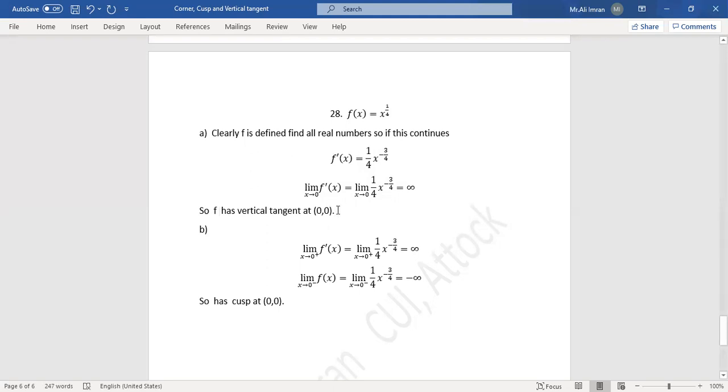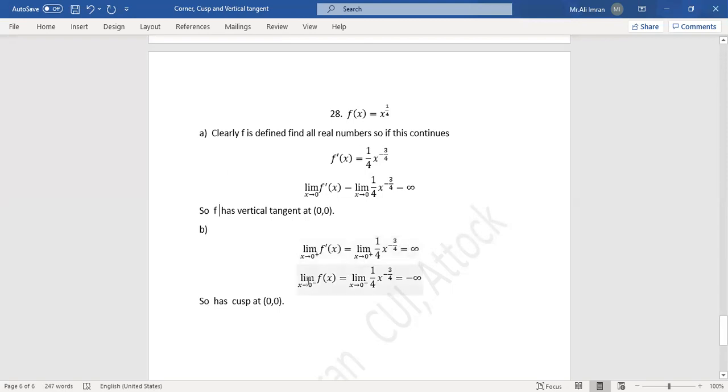Now we'll check the cusp. For the cusp, we will find both the right hand limit and the left hand limit at x equal to 0. First of all, we find the right hand limit, x approaching 0 from the right hand side of f'(x). If we put in this limit, we get plus infinity.